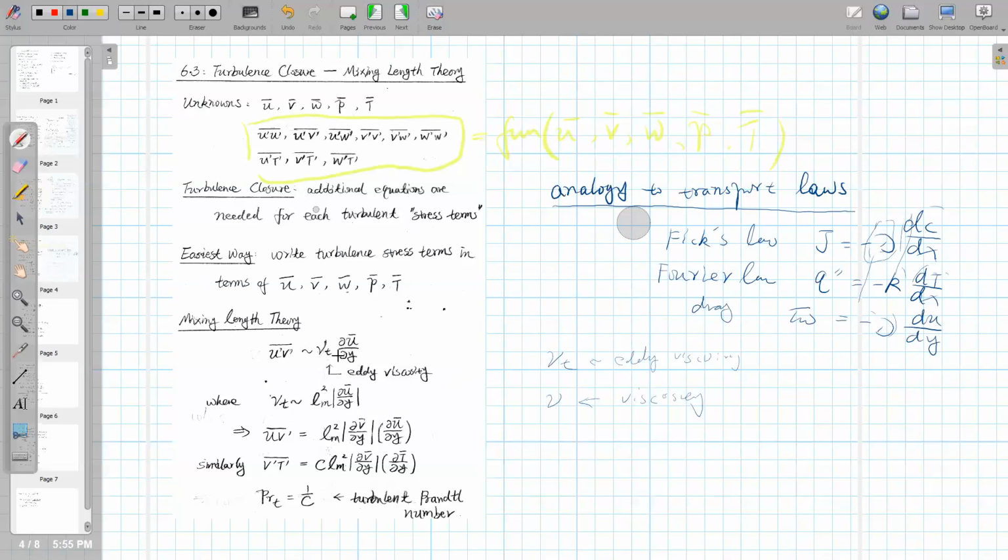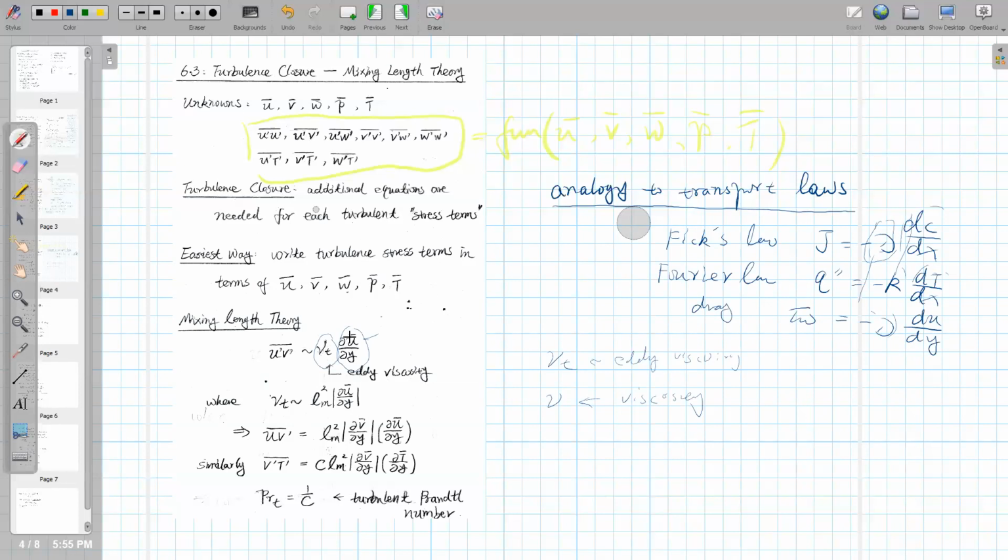So here we can use a constant times the gradient, by analogy to these similar transport laws. This is where this theory is developed from. We would also need to prove that this is the driving force for this term.